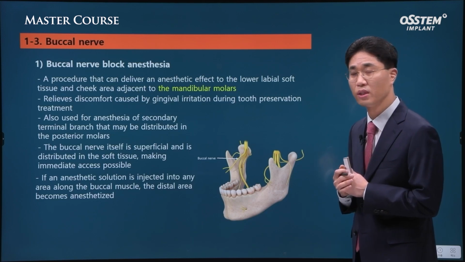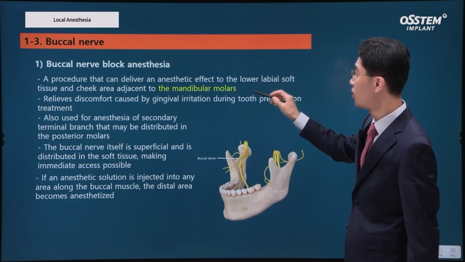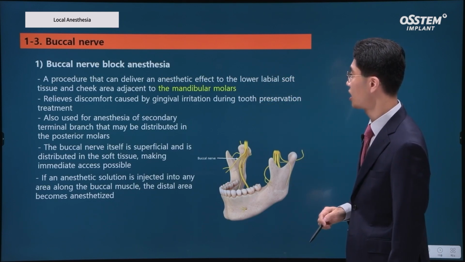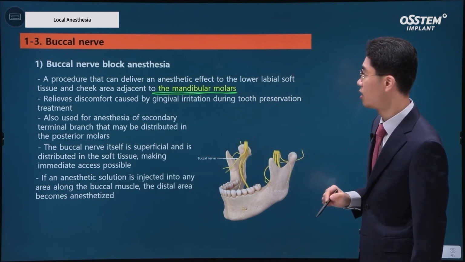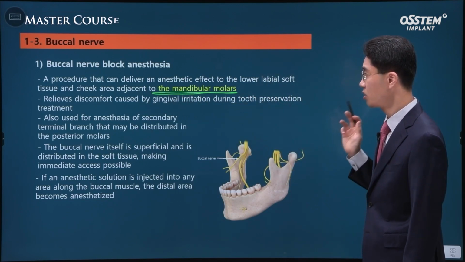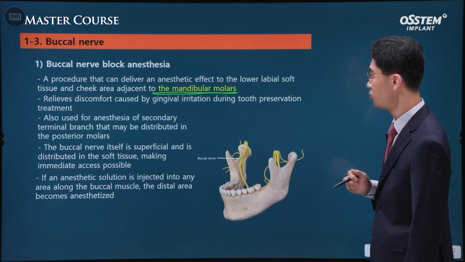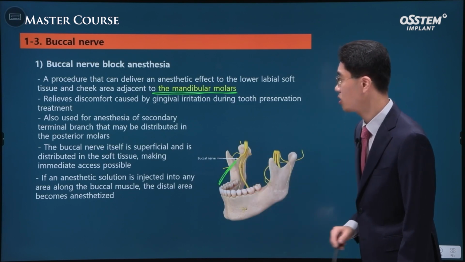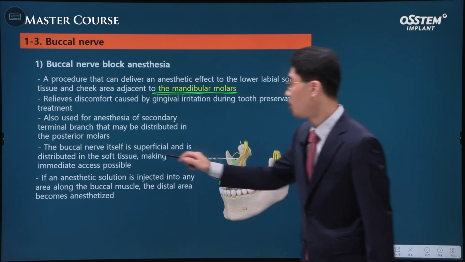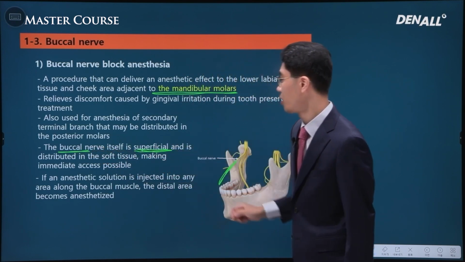Therefore, additional block anesthesia needs to be performed on buccal nerve. For most distal teeth in the lower, buccal nerve block anesthesia needs to be performed. The buccal nerve itself is superficial. Therefore, immediate access is possible.